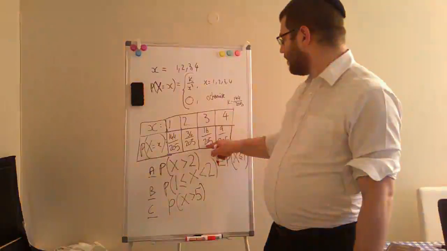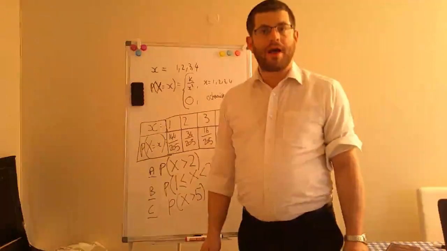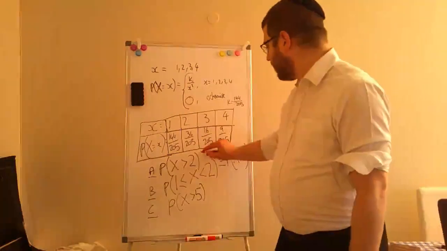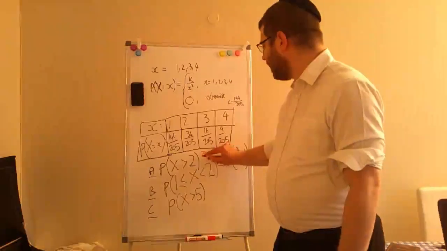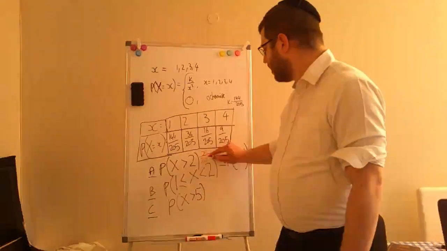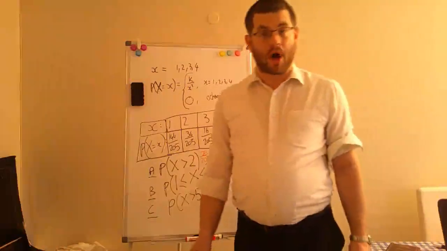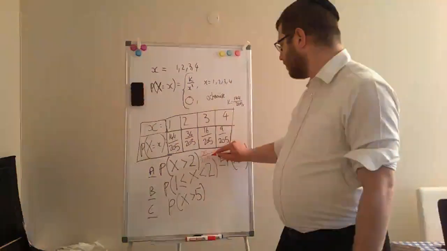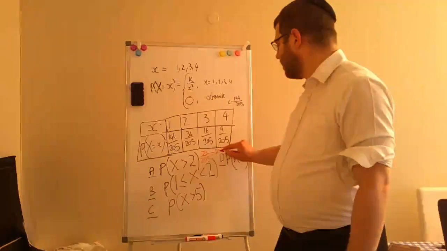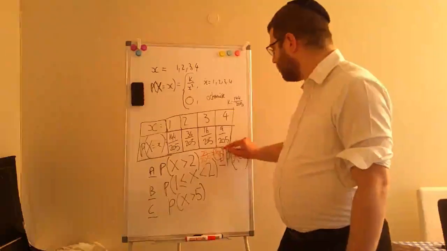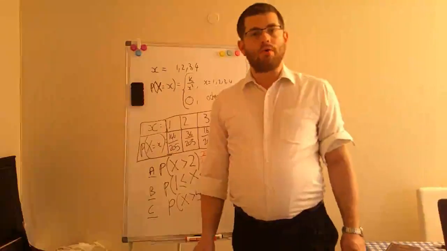So you need to pick up the 16 out of 205 and the 9 out of 205, which is 25 out of 205. Of course, those numbers both end in a 5, so that will cancel down to 5 over 41.